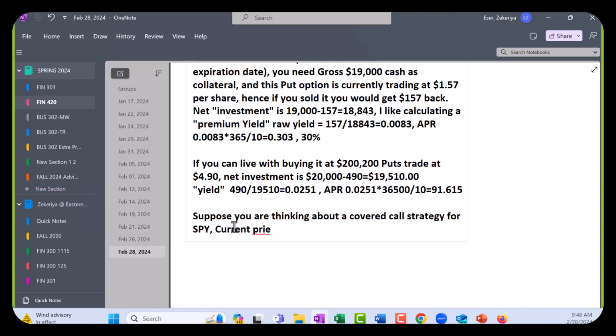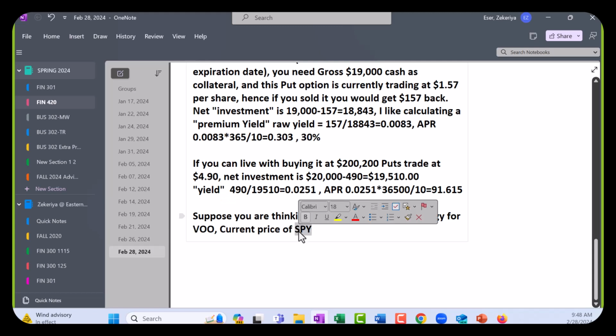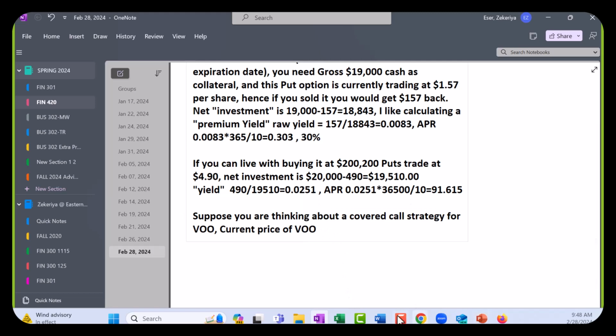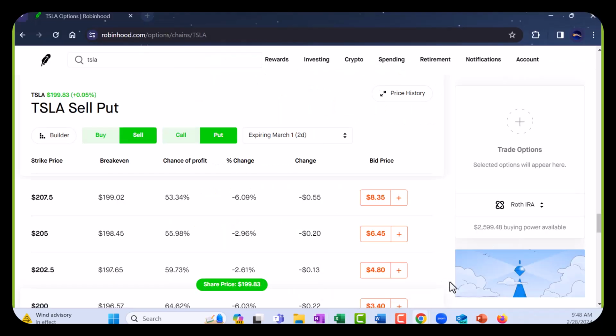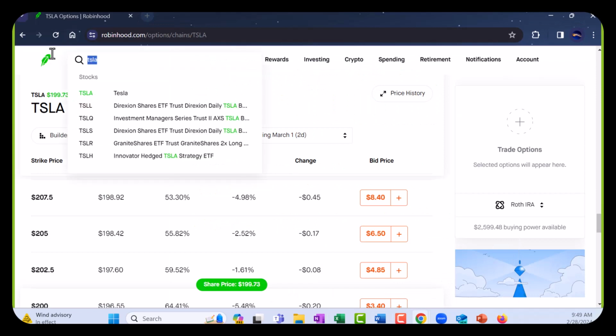Current price of SPY. In case you didn't know, SPY is the ETF for S&P 500 stock index. In fact, let me call VOO because this is the same thing by Vanguard. It has a much lower management fee compared to SPY.